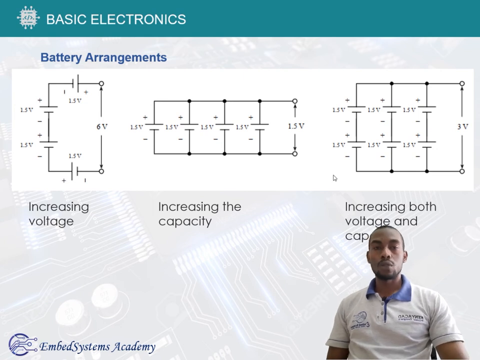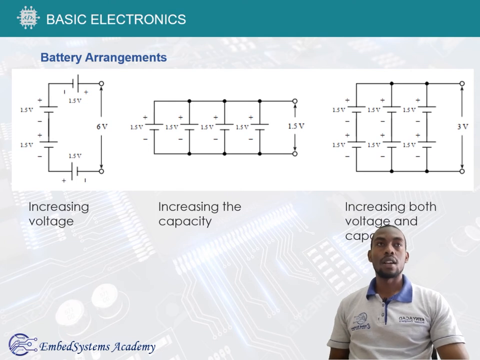So the arrangements, actually three: the series connection, the parallel connection, and also a combination of series and parallel. When you want to increase voltage in a circuit, we arrange the cells in a battery in series.